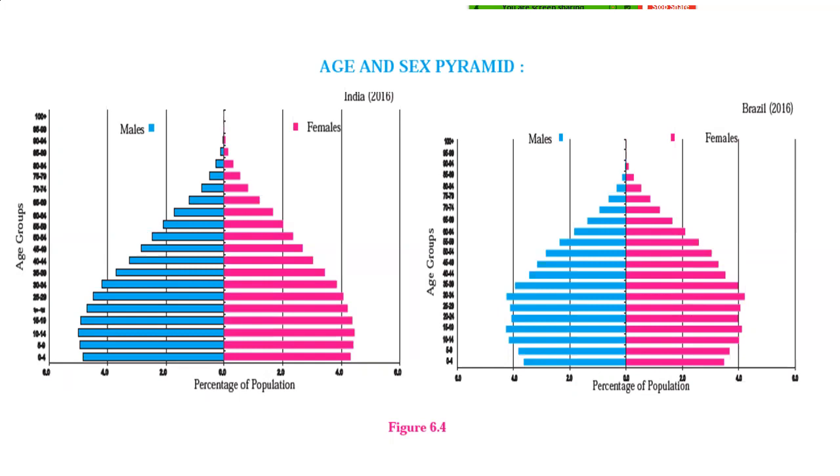The population pyramid not only studies the age composition in these two countries, Brazil and India, that is the proportion of children, youth, and old people in both these countries, but it also studies the sex ratio in each age group.